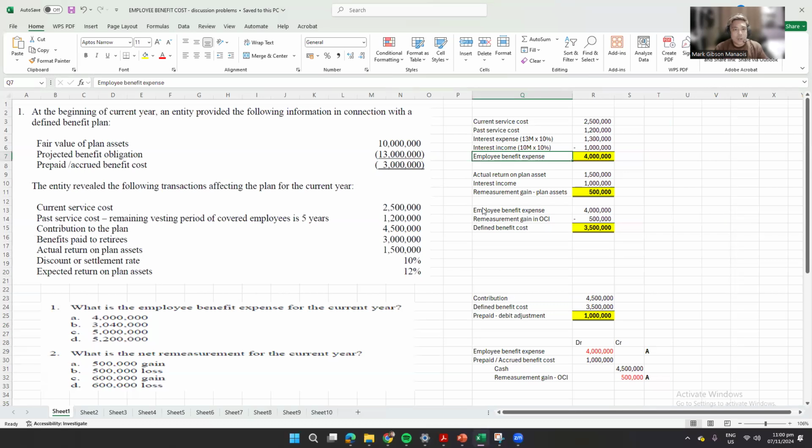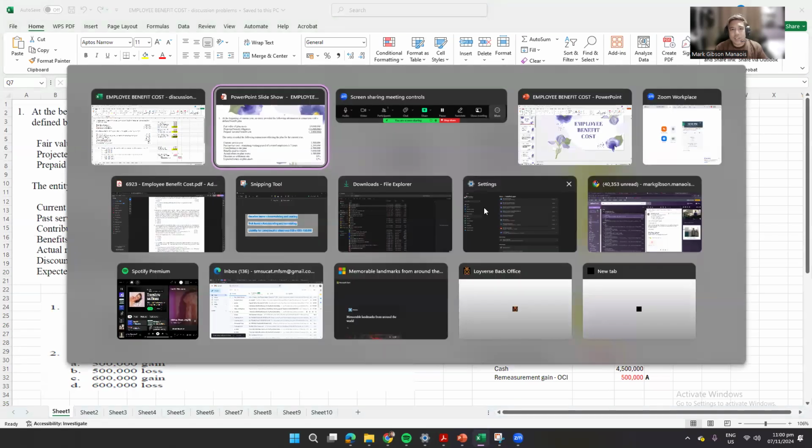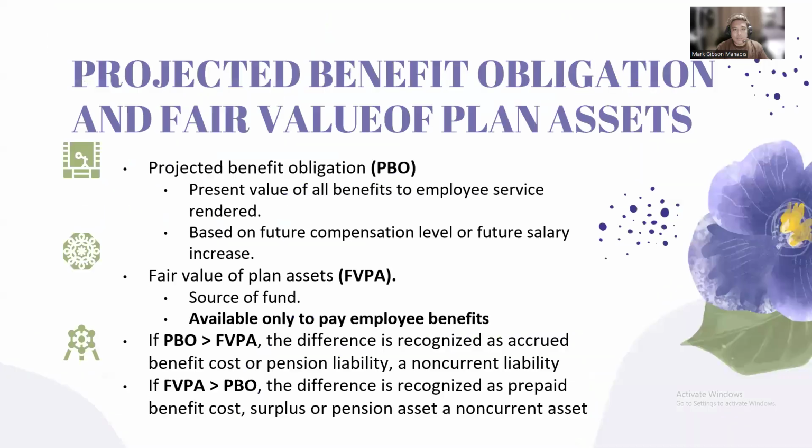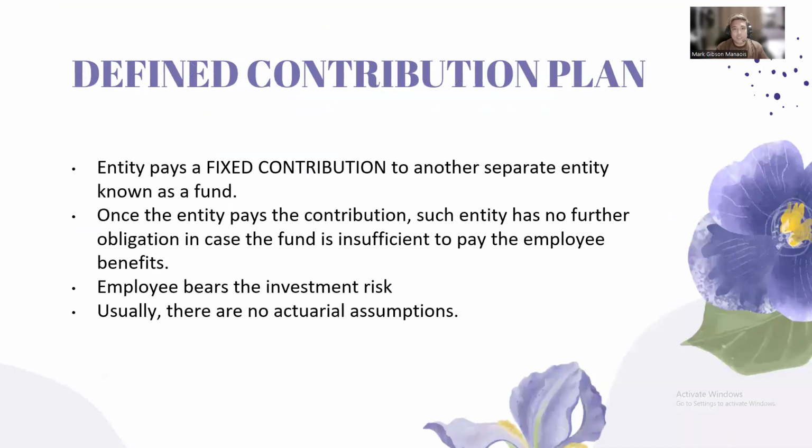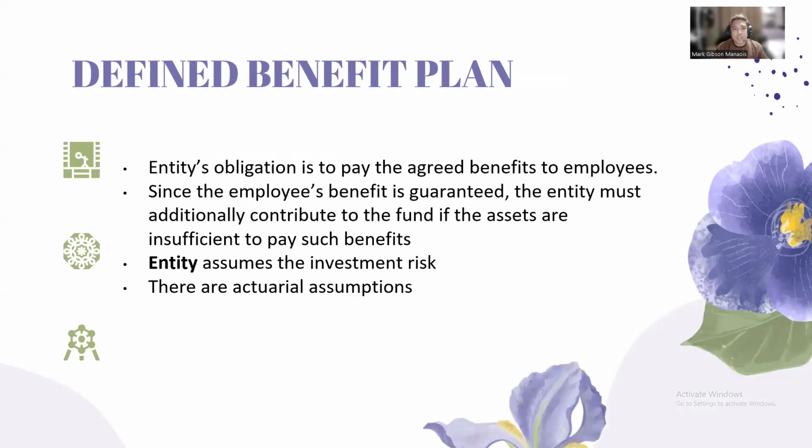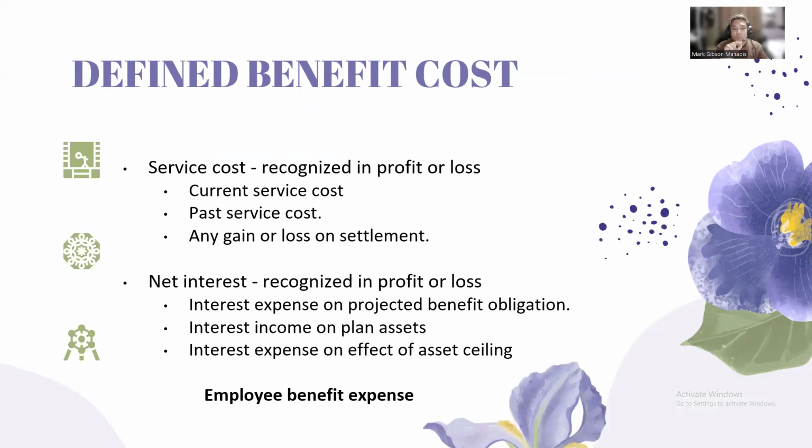Remember, in our discussion earlier, balikan ko lang to. I placed here what should be included as part of the employee benefit expense. So we have service costs and net interest.